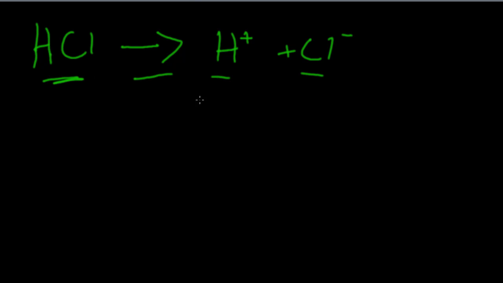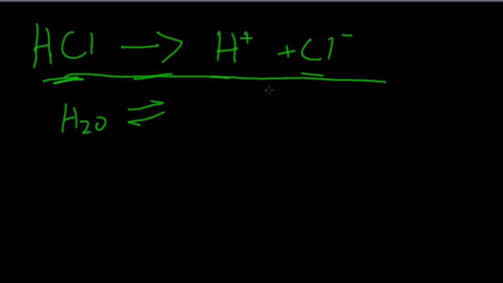Now, this is in contrast, of course, to the H2O reaction. I won't write it out, but you'll remember that it had arrows going both ways. It wasn't a complete ionization. This is a complete ionization reaction, and that makes the substance HCl a strong acid. By the way, that doesn't make H plus an acid.